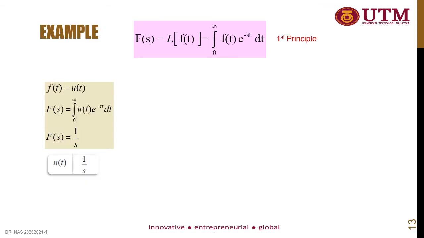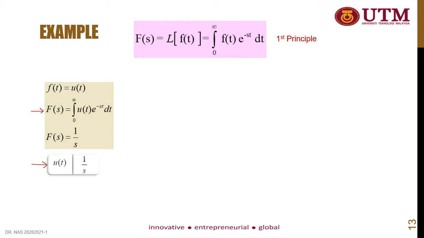Okay, this slide shows a comparison of solving the time domain function in the s domain, by using either the first principle or by referring to the table. By using the first principle, when you have a function u(t), you perform the integration of u(t) multiplied by e^(-st), and you get 1 over s.